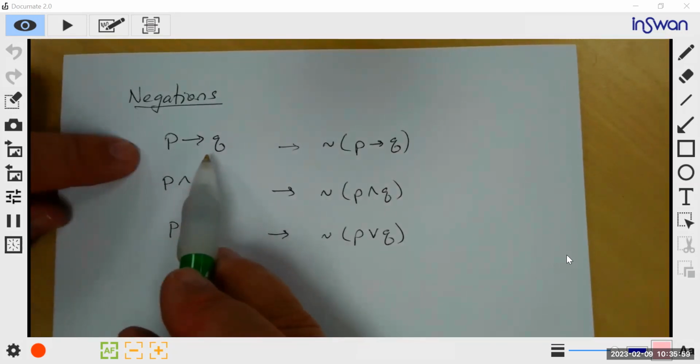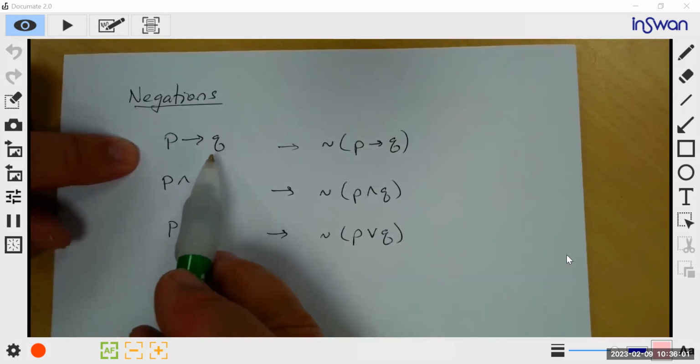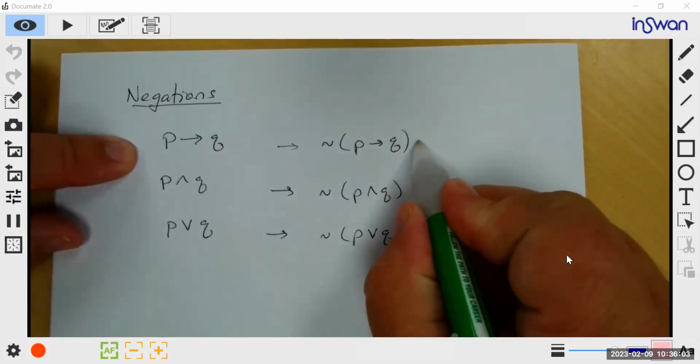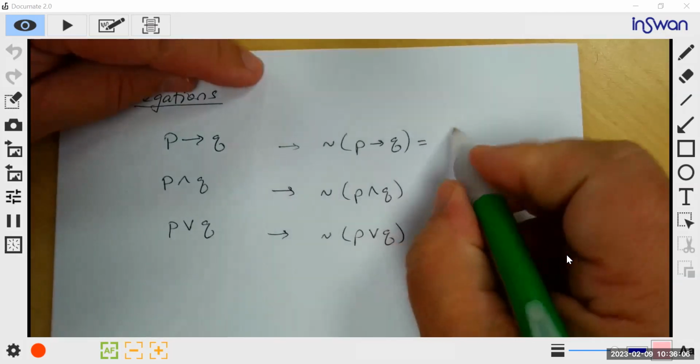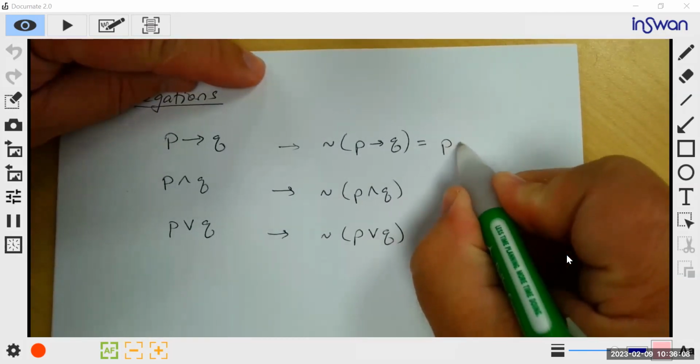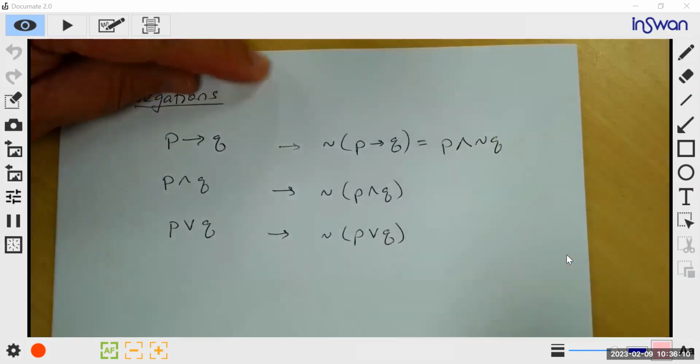The negation of a conditional statement, when you have this, it equals that.